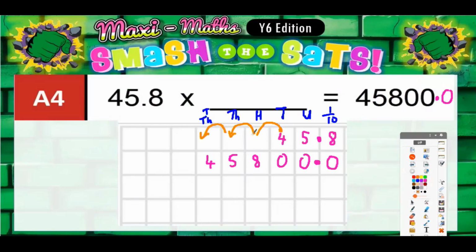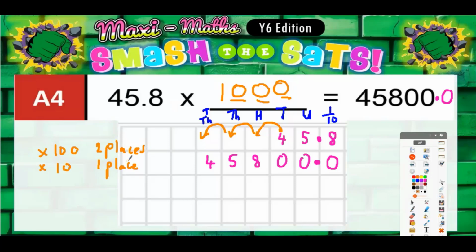So if it moves 3 columns over, that generally means you've timesed by 1,000 because it's got 3 zeros on the end. If it was times 100, that would be moving 2 places. If it was times 10, that would be moving 1 place. But if it's times 1,000, that's moving 3 places.